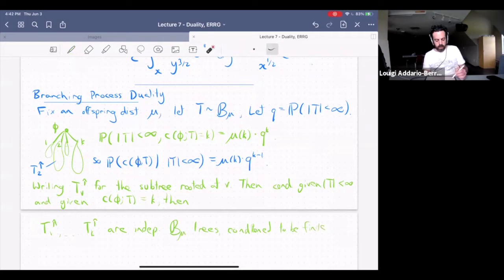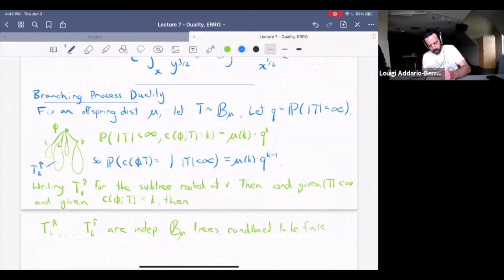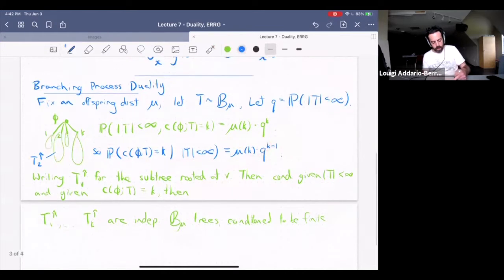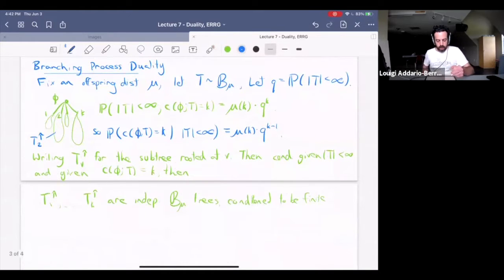Okay, so that says that conditioning the whole tree to be finite, we still get, oh, there's an equals k missing here, sorry. We have a new offspring distribution, but the branching property still goes through, and you see a different BGW tree.